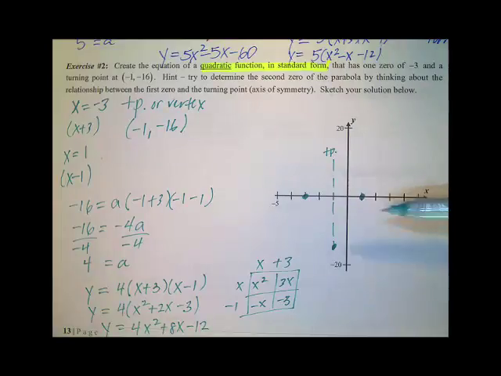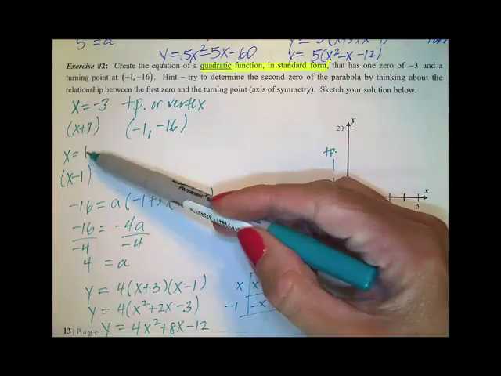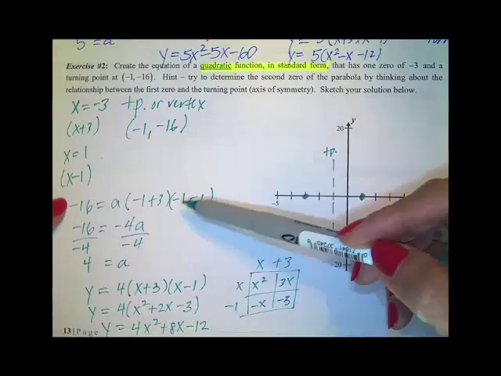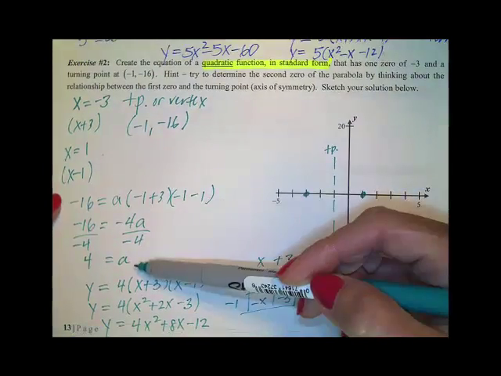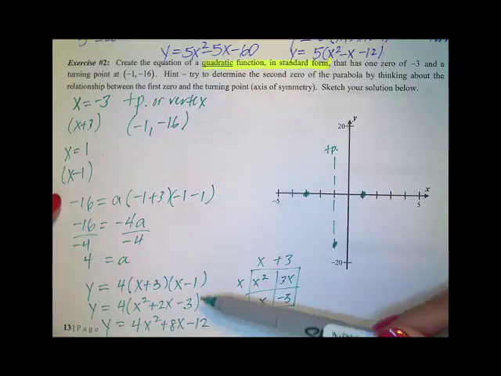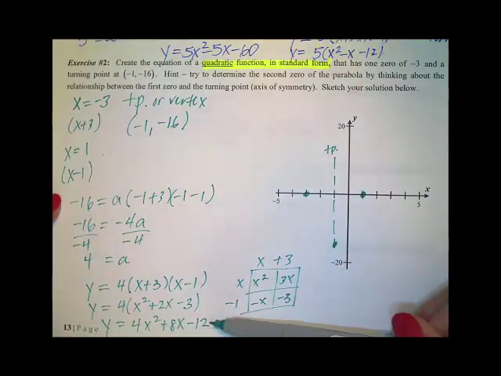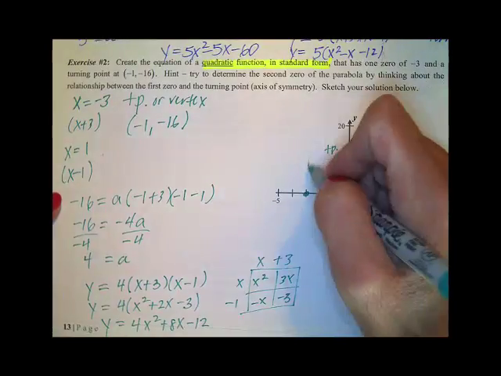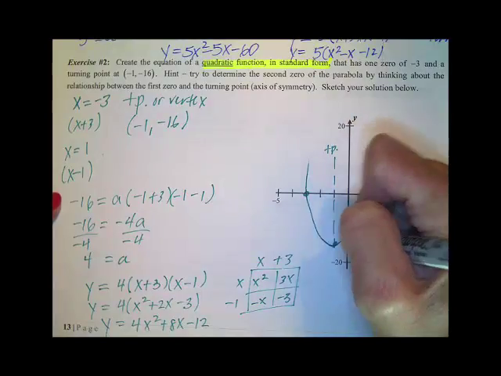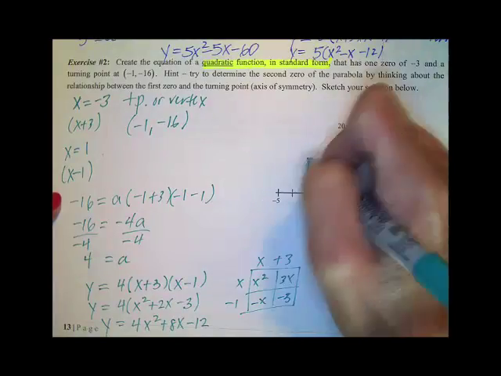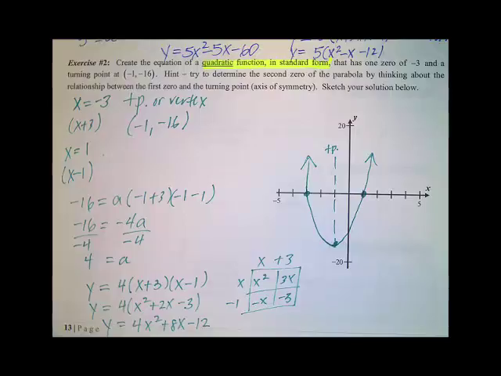So that helps me find this other 0, which helps me find the other factor, which then I can plug in and find my a of 4. And then I can do my math, factored form, standard form. I can sketch a graph here. Hopefully this time will be better. And there we go. Okay?